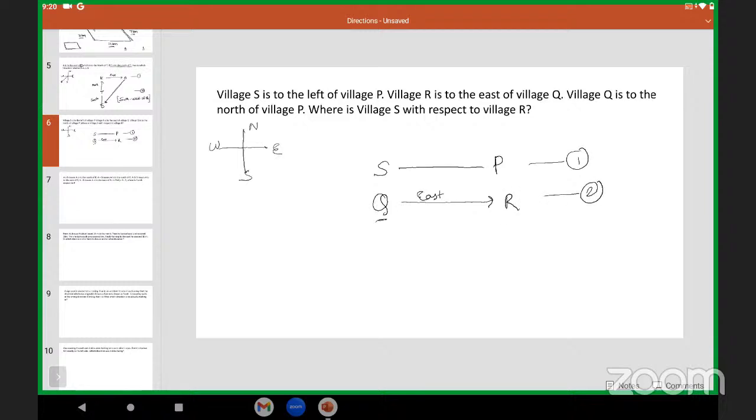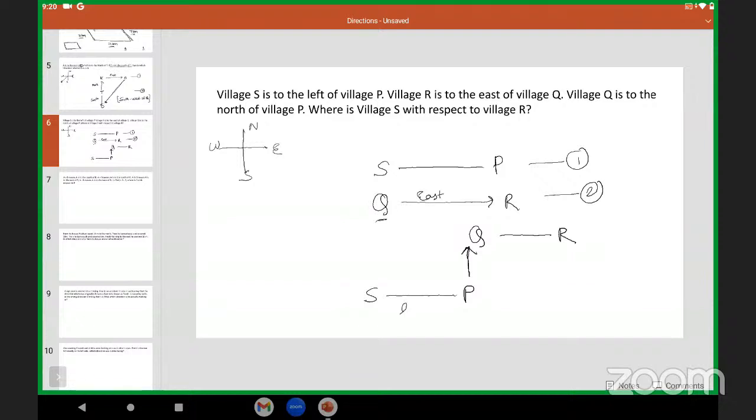Village Q is to the north of village P. So let us now combine these statements. What does statement number 3 say? That village Q is to the north of village P. So it has to be in the upper direction, and Q and R has to be this.